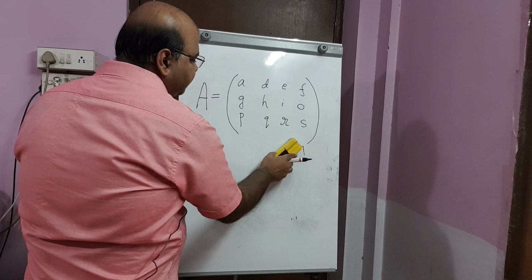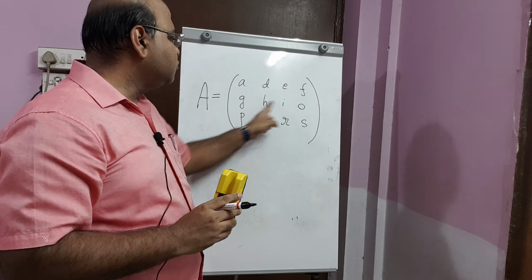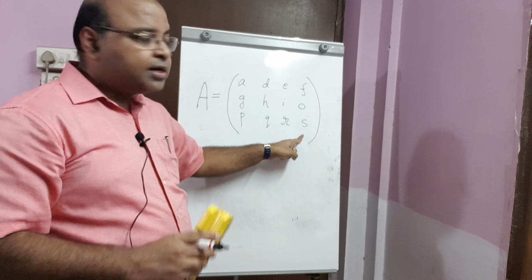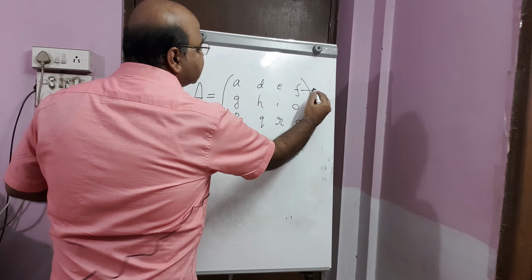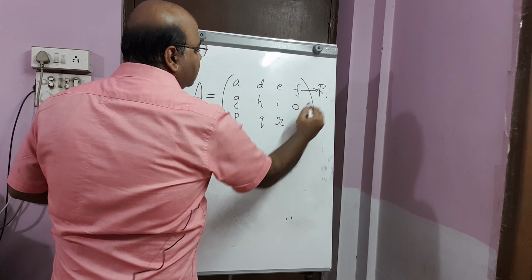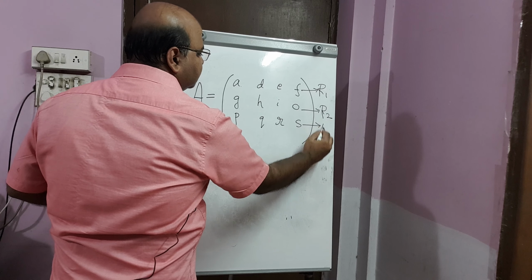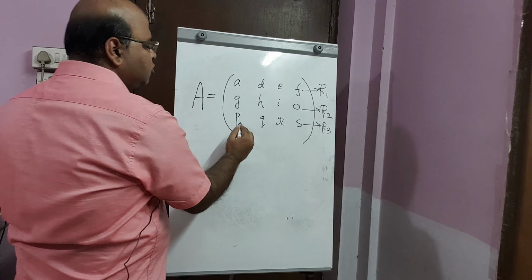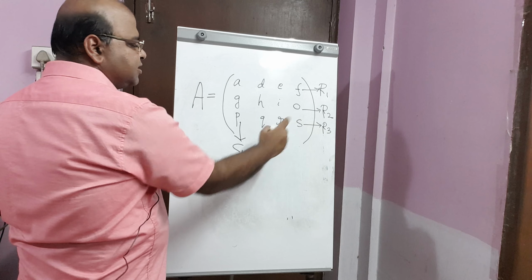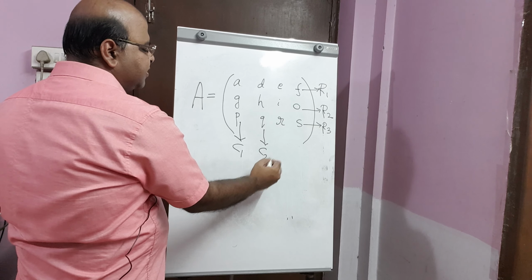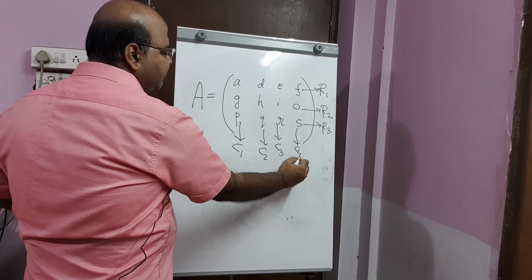As for this example, for this matrix A, we have 3 rows: first row, second row, third row. The rows are counted from top to bottom and we represent them by the symbols R1, R2, R3. That is first row, second row, third row, and the columns are counted from left towards right, and we represent them as C1, C2, C3 and C4.